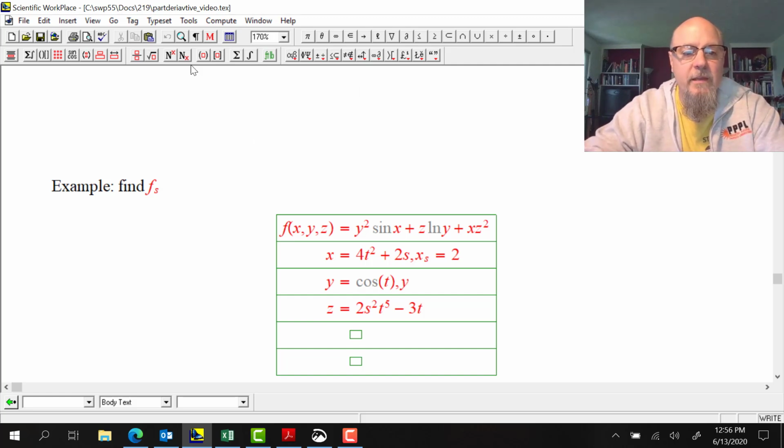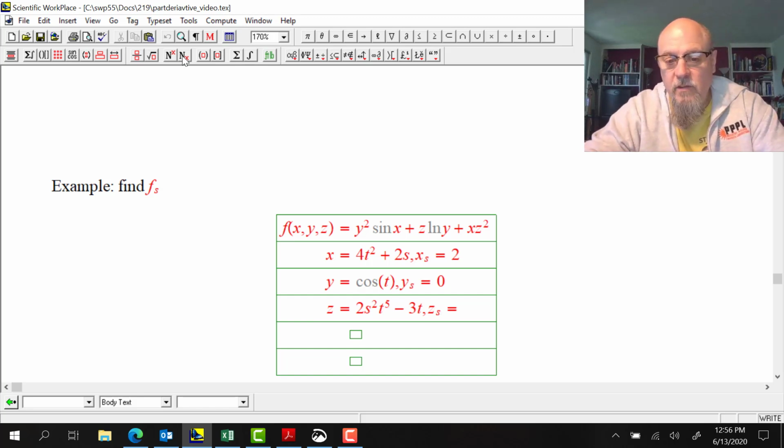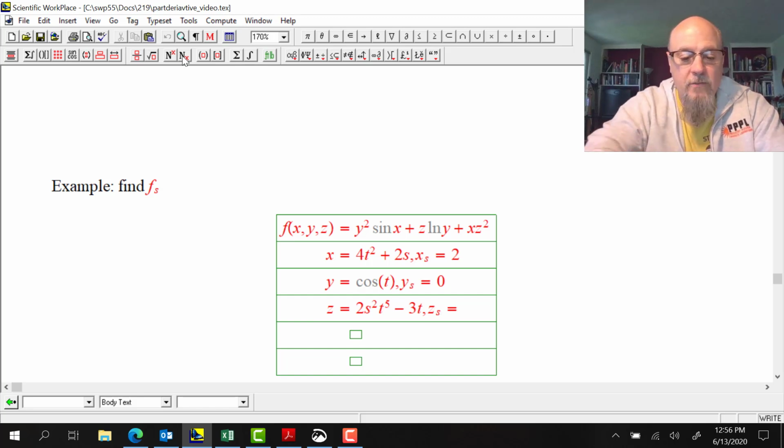I'll write it in here for completeness. We don't need it. We already did it. It's 0. There it is. And our z sub s is equal to 4st to the 5th.